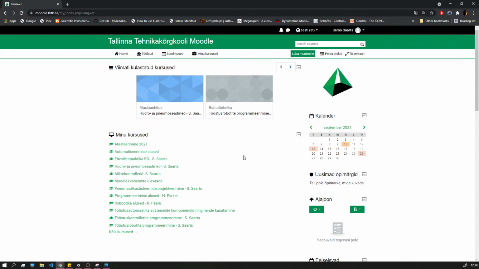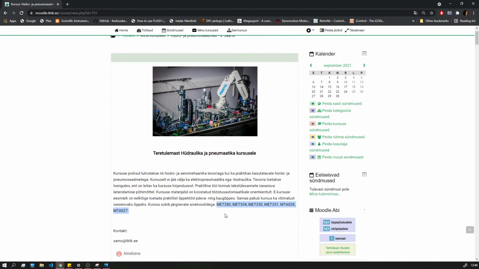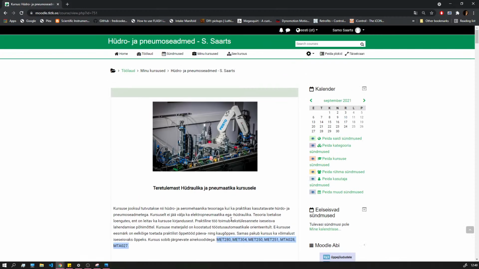So anyway, for the e-learning environment Moodle for this course, you search for the course either in Estonian or with those codes here. For example, MET280.